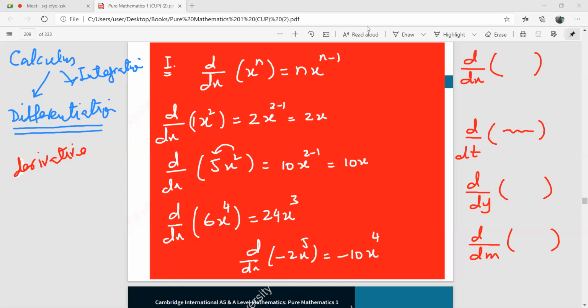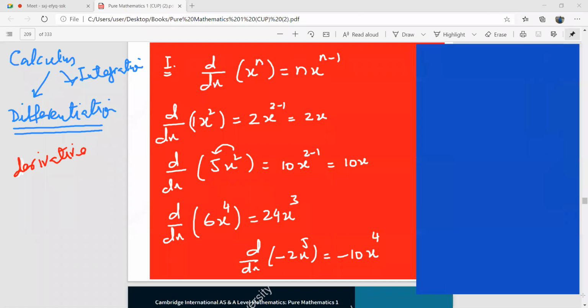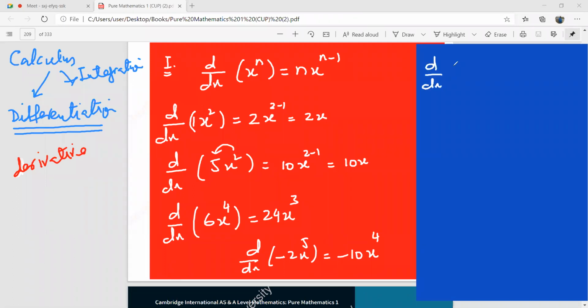Similarly, suppose you have to differentiate 5 over x square. Don't worry. I should tell you right in the beginning, you should never differentiate anything which is in the denominator.